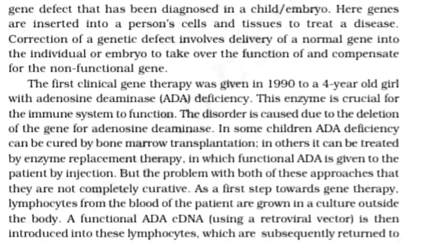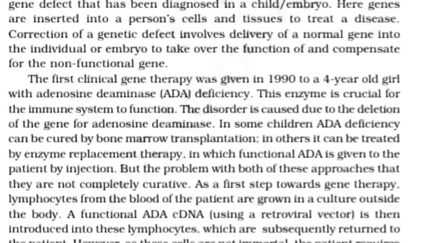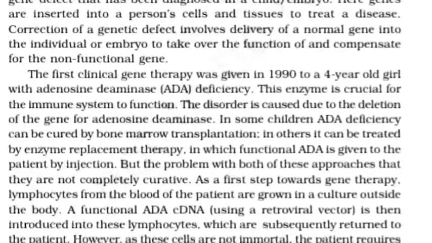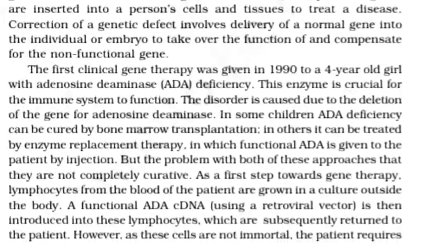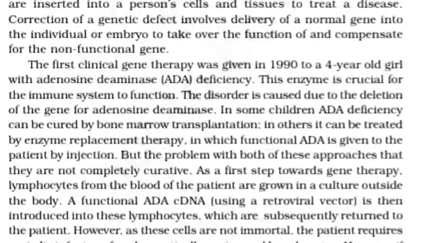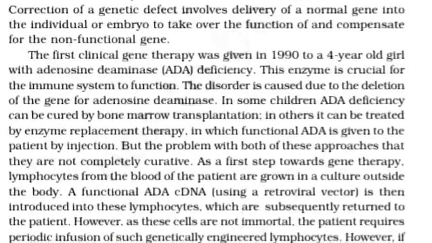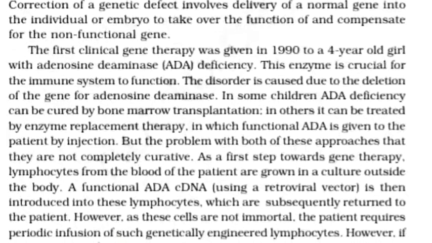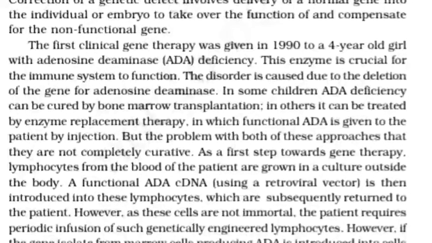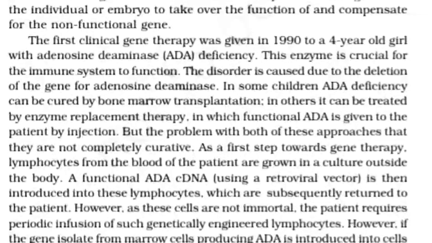As a first step towards gene therapy, lymphocytes from the blood of the patient are grown in a culture outside the body. A functional ADA cDNA using a retroviral vector is then introduced into these lymphocytes, which are subsequently returned to the patient.